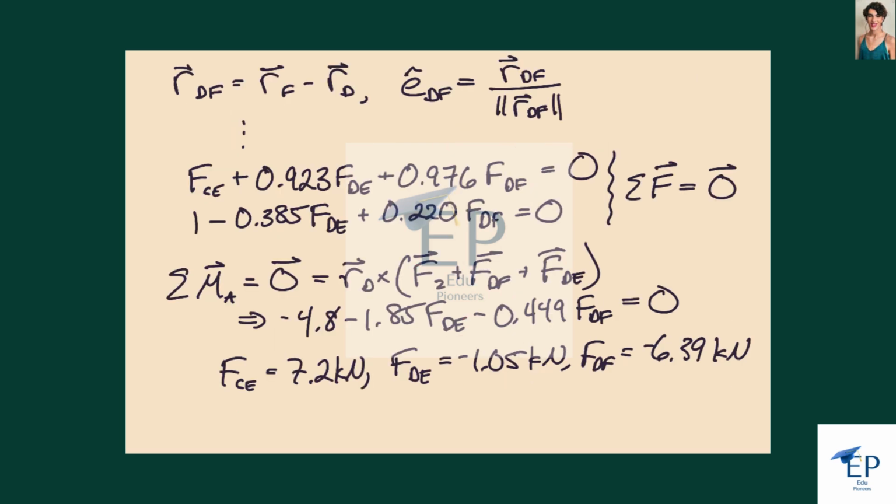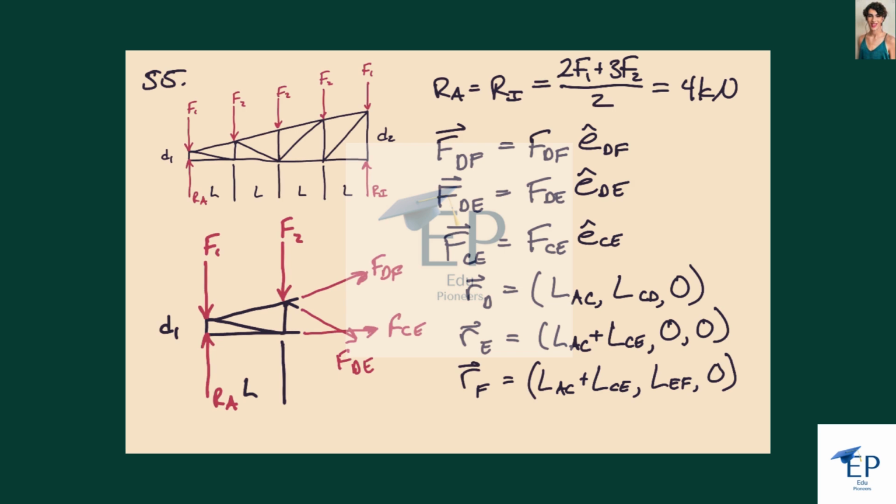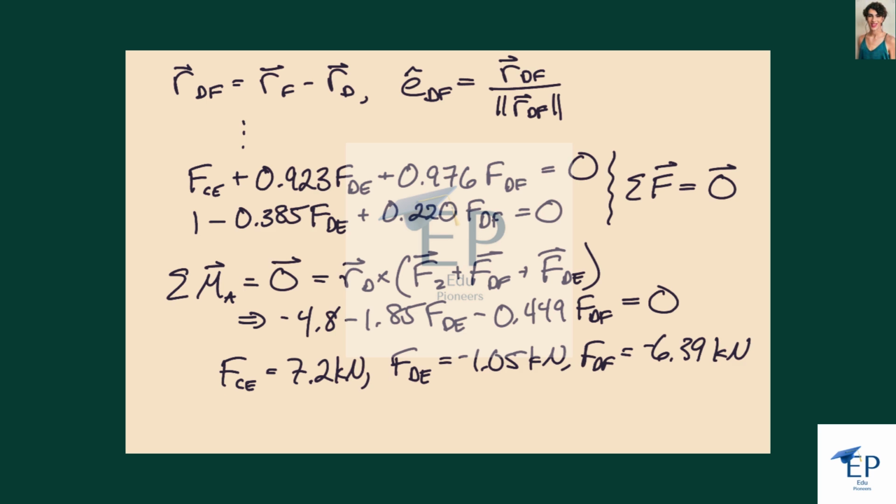So we have r_D crossed with all of these vectors, and that has to equal 0. If we do that, we get minus 4.8, then 1.585 FDE, minus 0.449 FDF. That gives us our moments about point A. And now we have 3 equations and 3 unknowns again.